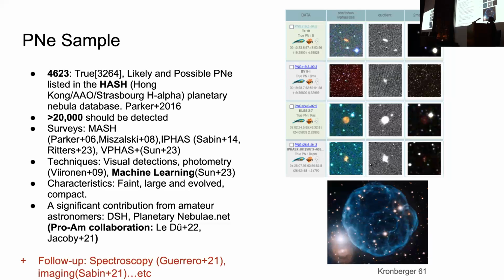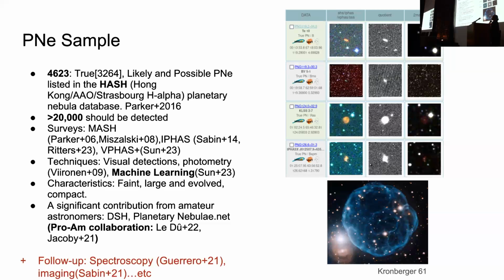So we've been doing lots of surveys recently. We have the MASH survey from Parker and Miszalski, in the Southern Hemisphere. We have the IPHAS survey in the Northern Hemisphere by myself and Andreas Ritter. There's the VPHAS survey, which is the same as the IPHAS survey, but in the South.